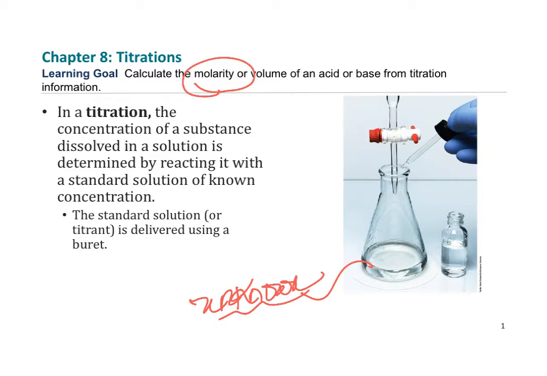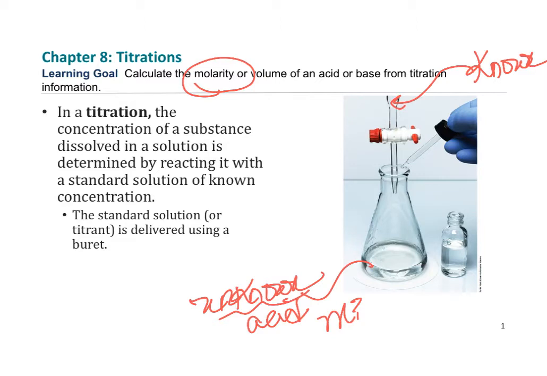And so you titrate, or react, it with a known concentration of a known substance that you know will react with it. So, for example, let's just say the unknown was an acid and that we wanted to know the molarity of the acid in there.